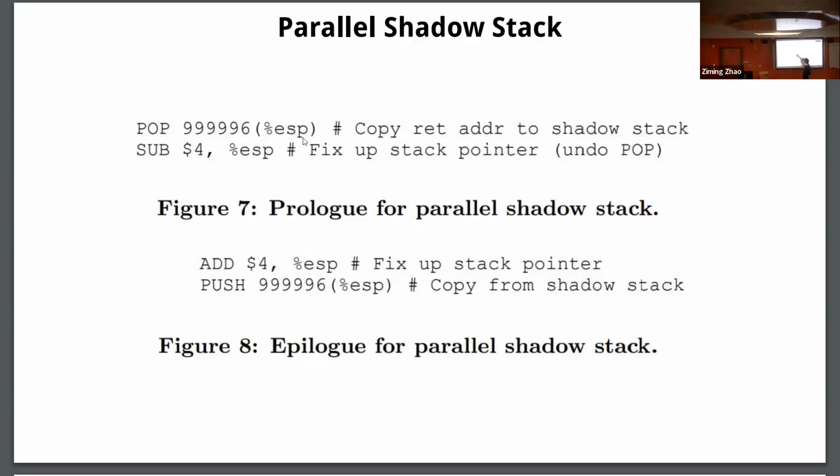And we just pop whatever ESP points to into the new memory location. So we're making a copy of the return address, but because this is a pop, we need to subtract 4 from ESP again. So only 2 instructions. Previously, like 6 or more instructions. If we just want to copy the return address from the shadow stack back to the main stack, also just 2 instructions. So much shorter than before.